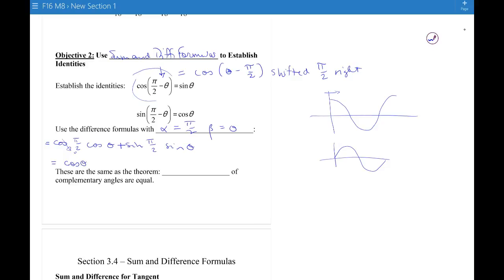So we're going to get cosine theta times 0, plus sine of pi over 2 is 1 times sine theta. So all we have left is sine theta. So these are the same as the theorem that says co-functions of complementary angles are equal. So there's more than one way to get to a lot of things in trig.